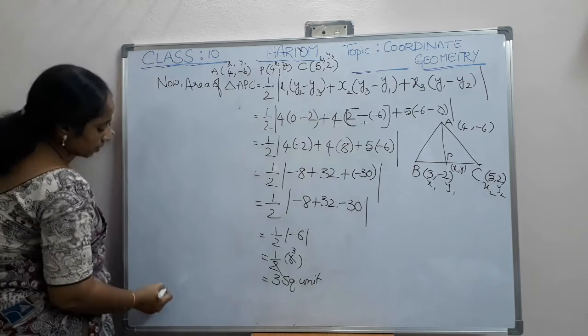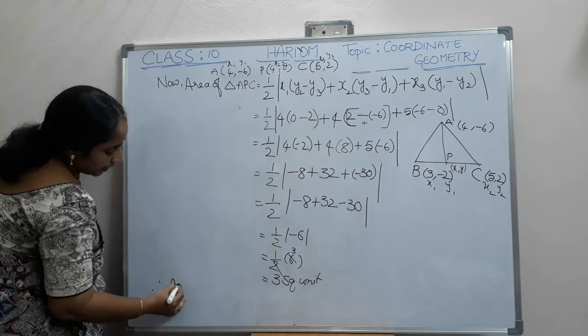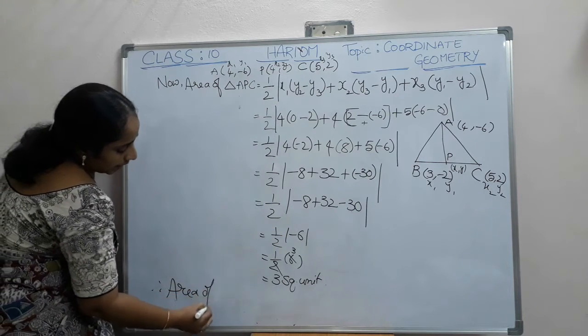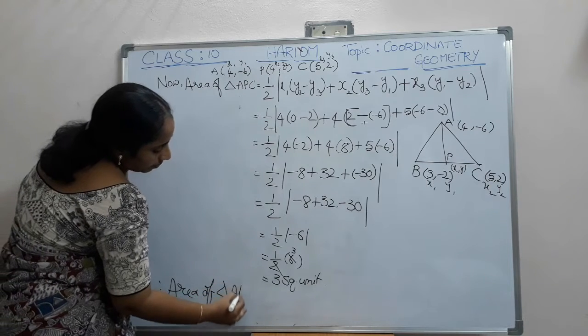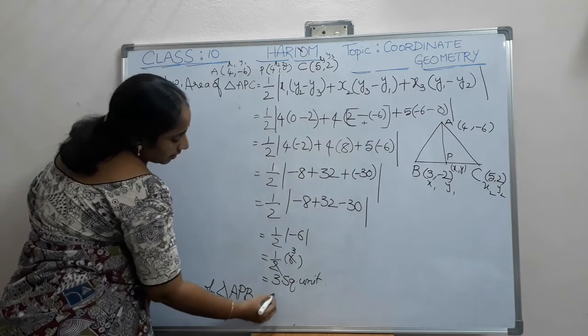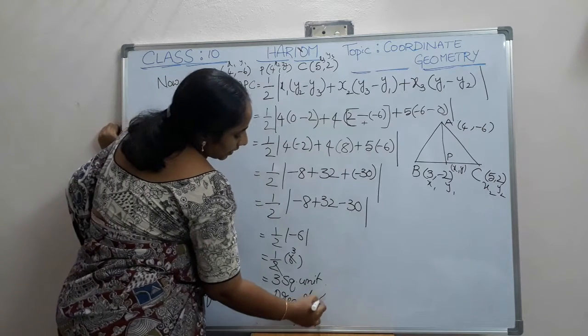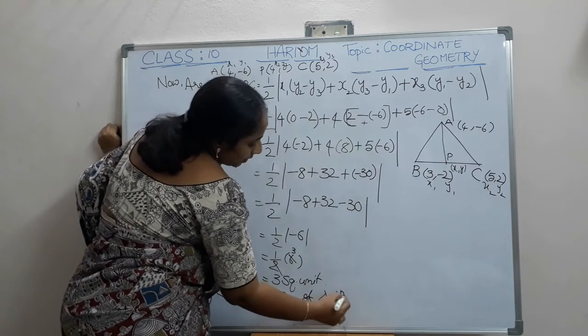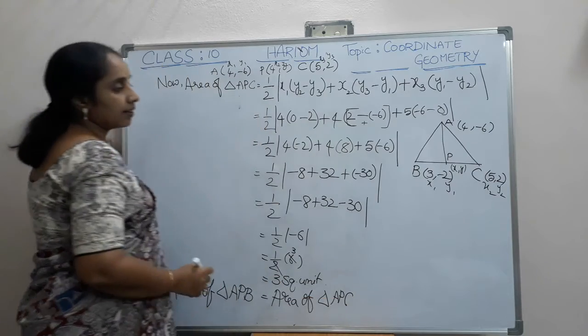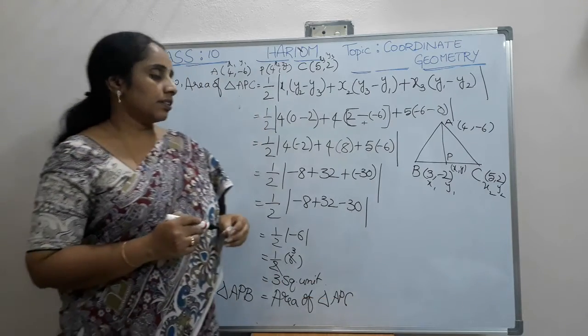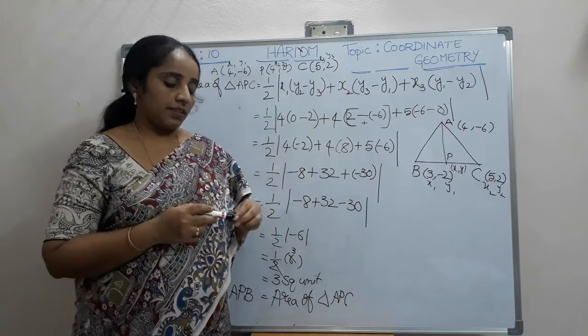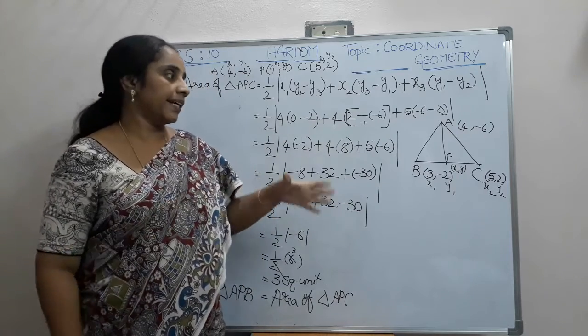Therefore, we can conclude that area of triangle APB is equal to area of triangle APC. Here the new point is that it is the old median only.